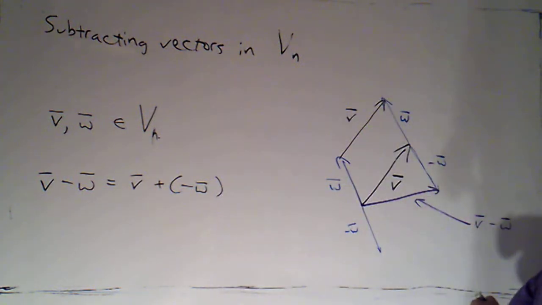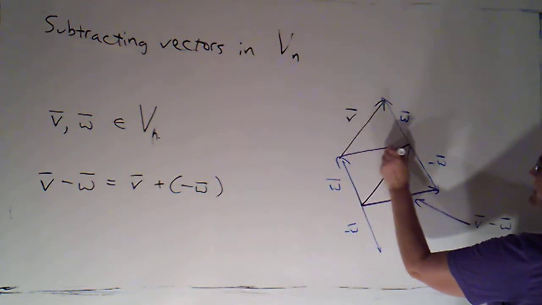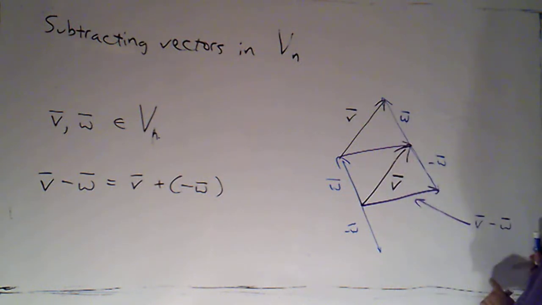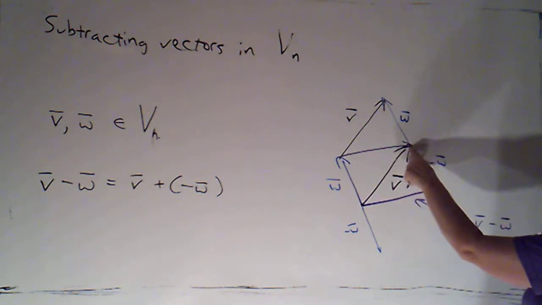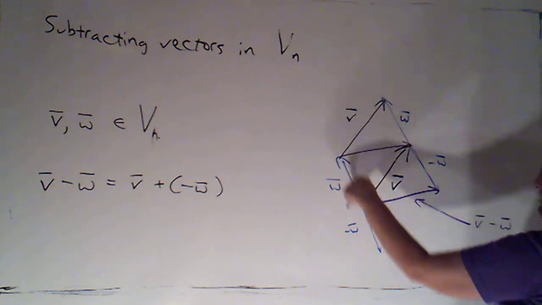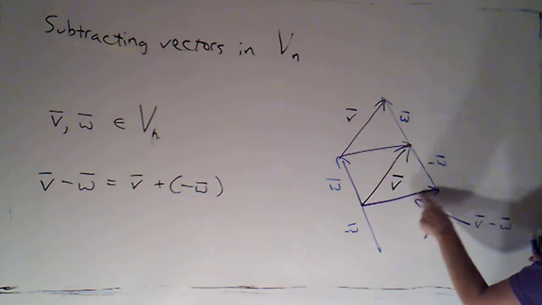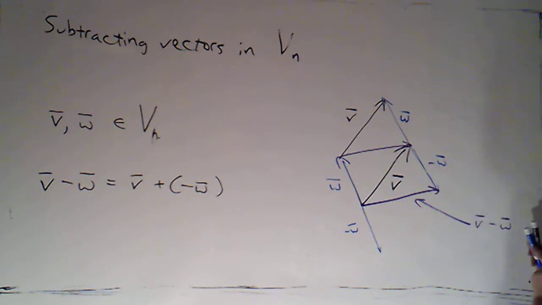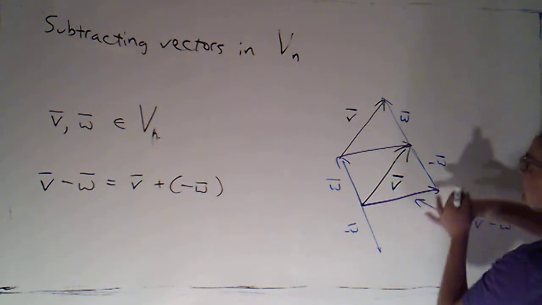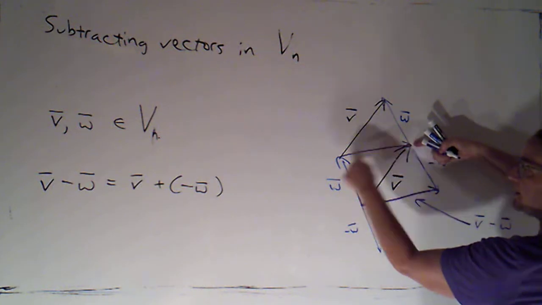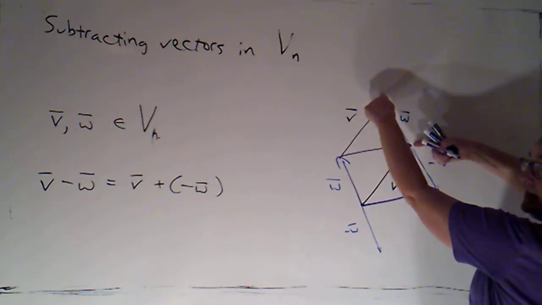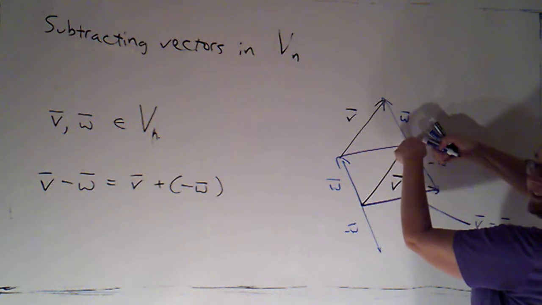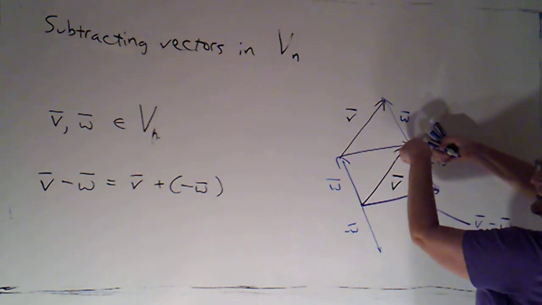Take a look and notice this vector right here is a diagonal of this parallelogram. Looks to me like that's exactly the same as this vector down here. Does that actually work out? Are they the same? Yes, in fact they are. Because I can see that this vector right here, I get by taking V, and then the opposite of W would take me down to here.